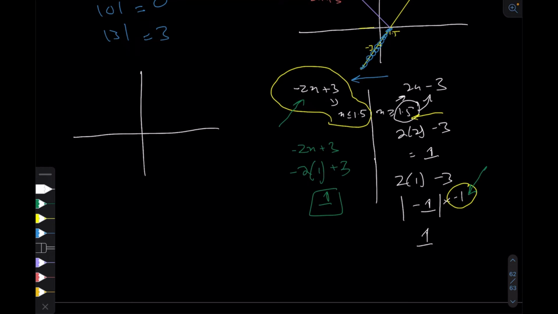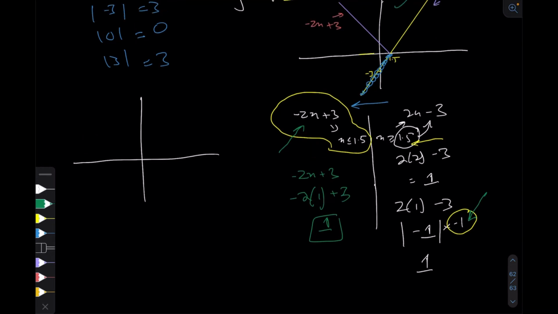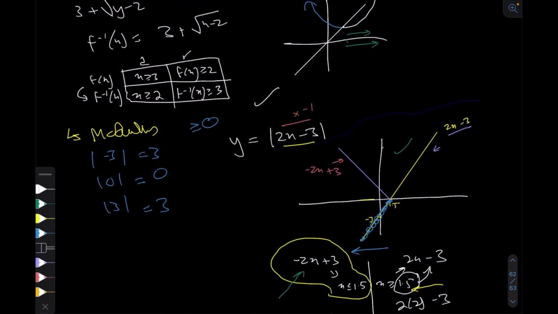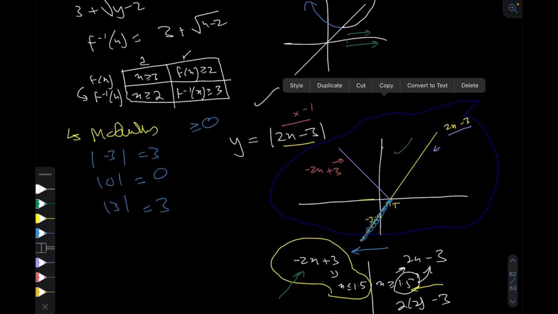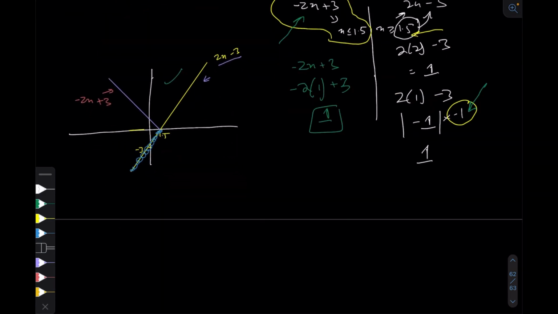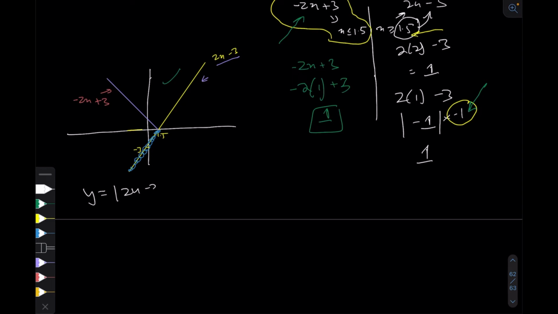What they ask you is basically, let's take the same graph. They give you two modulus graphs and they ask you where they intersect. For example, here they have given you that y is the modulus of 2x minus 3.